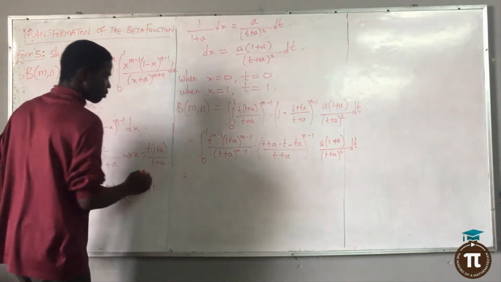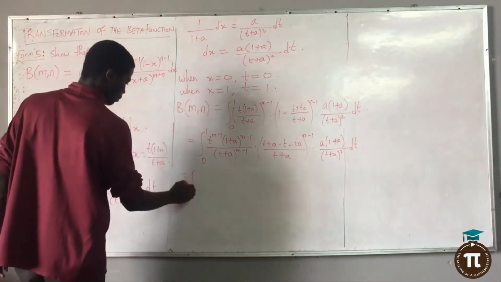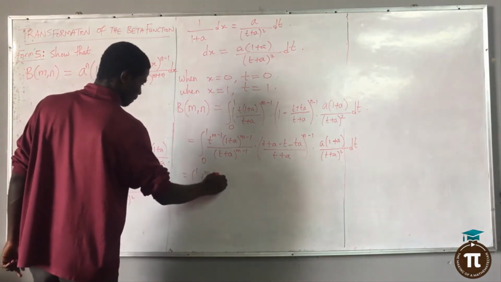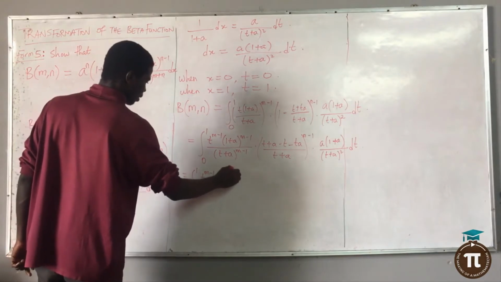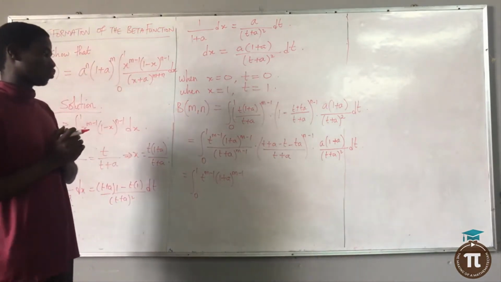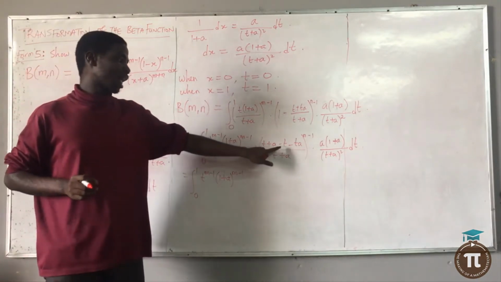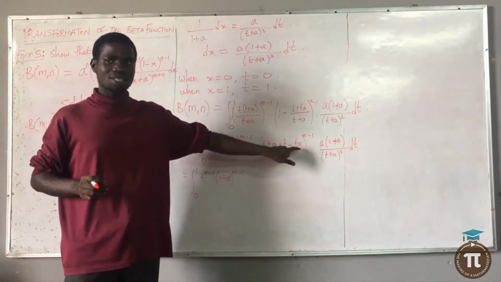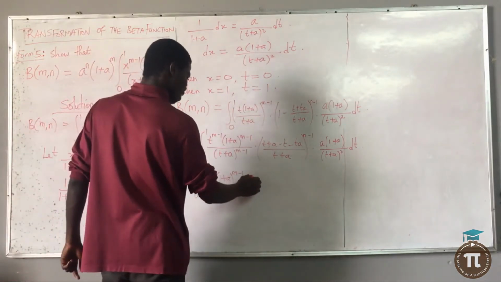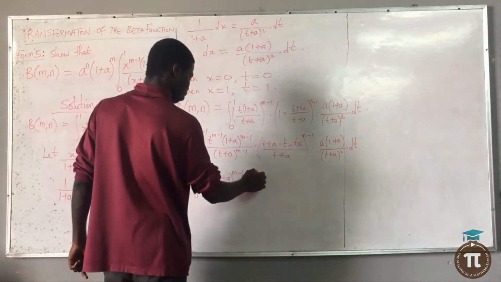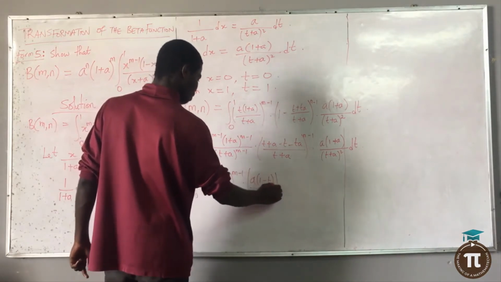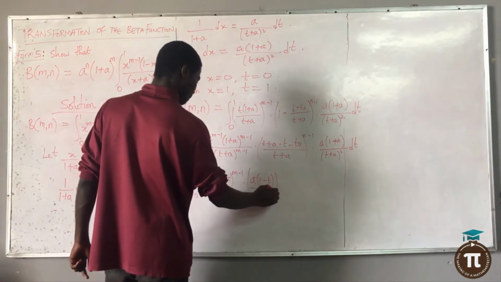So this will be equal to integral from 0 to 1 of t raised to the power of m minus 1 plus a raised to the power of m minus 1. Then t will cancel t, that will be out. T cancel t, I will be left with a minus ta, factorize a, so that this one will just become a raised to the power of 1 minus t, everything over t plus a.